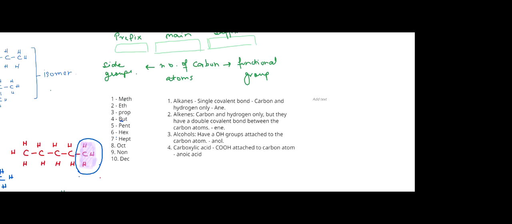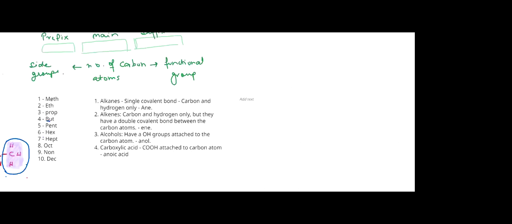Or we can have methyl. Met means one. So if I have CH3, one carbon with 3 hydrogens, that's methyl. We can also have ethyl, which would be C2H5.